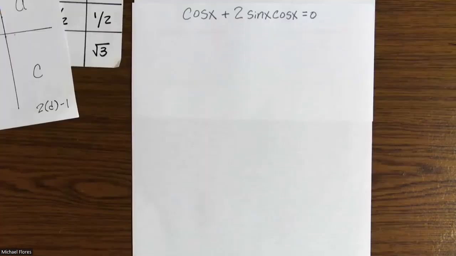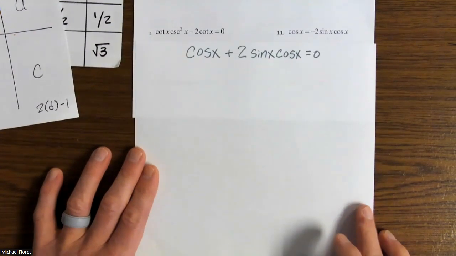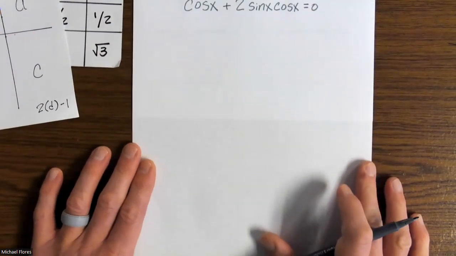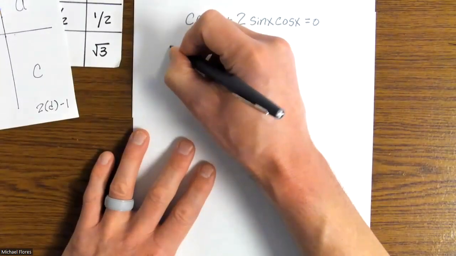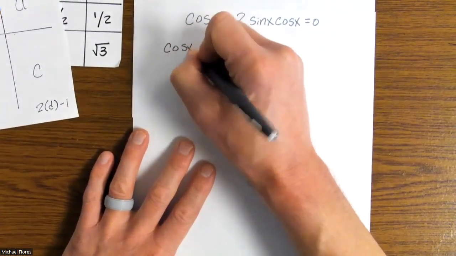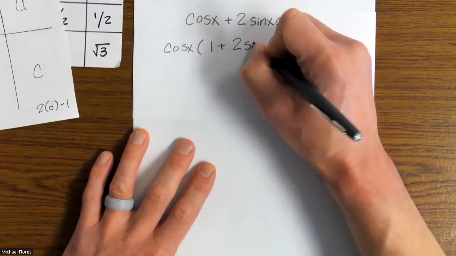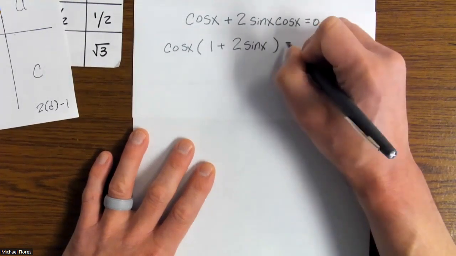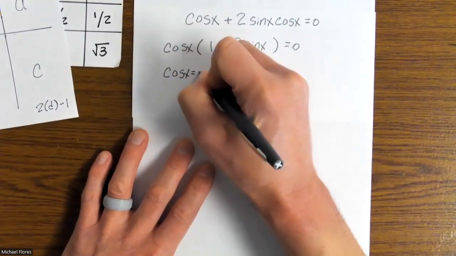All right, here we have 11, I believe. Yes, 11. Start by adding 2 sine x cosine x to both sides. Hopefully now you can see we could factor out a cosine. Okay, now we can set these factors equal to 0.